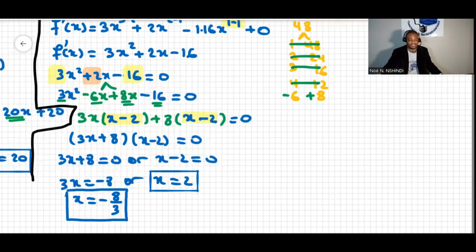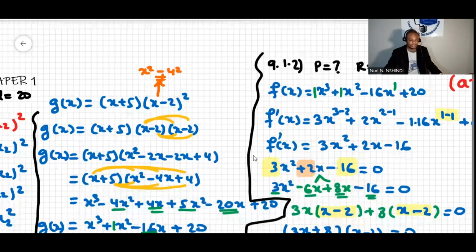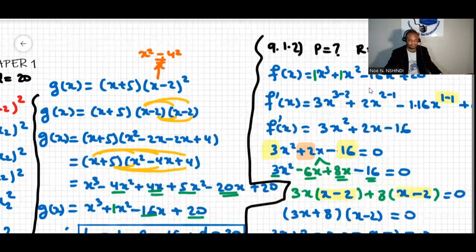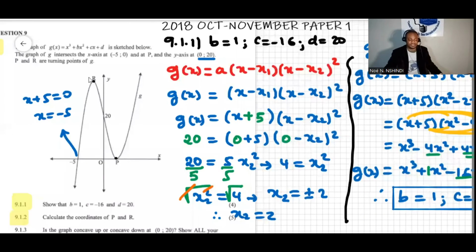Now, which one is what? Let's look at the graph. We have negative 8 over 3 and 2. If I look at the graph here, this R is on the negative side of the x-axis, so this is where x is equal to negative 8 over 3.